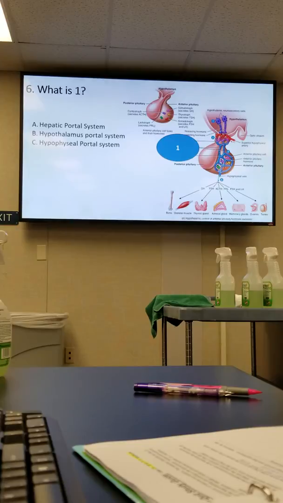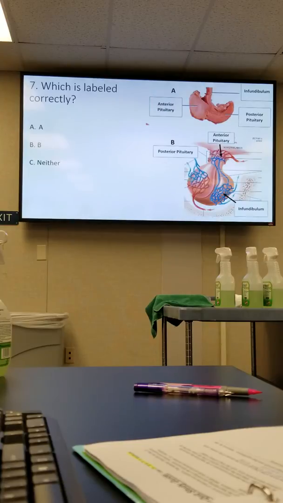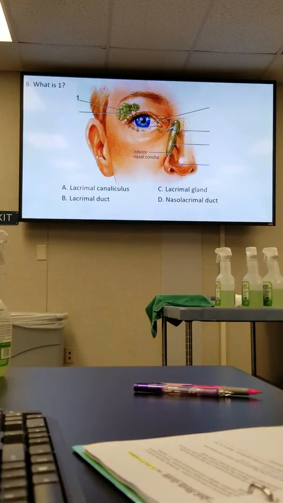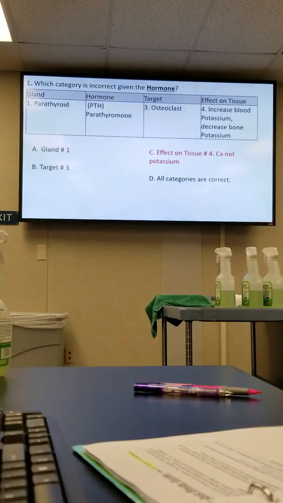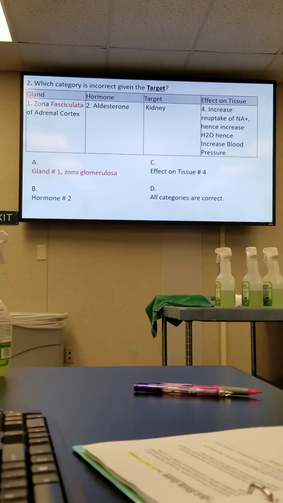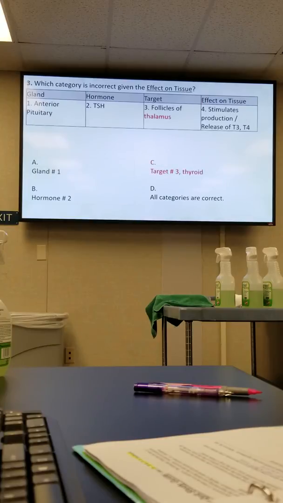Okay. And label this. Lacrimal glands. Okay, and right here it says C, 4, cannot be potassium, folliculata, thymus, instead it should be thyroid.